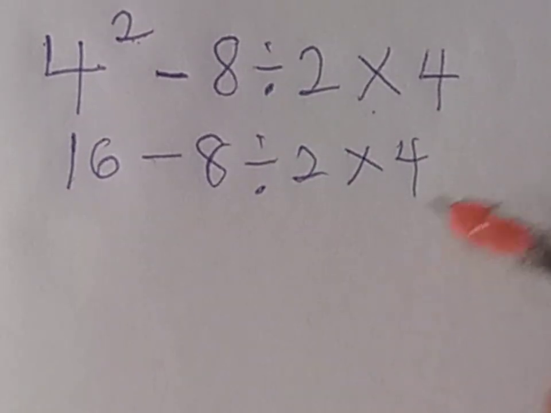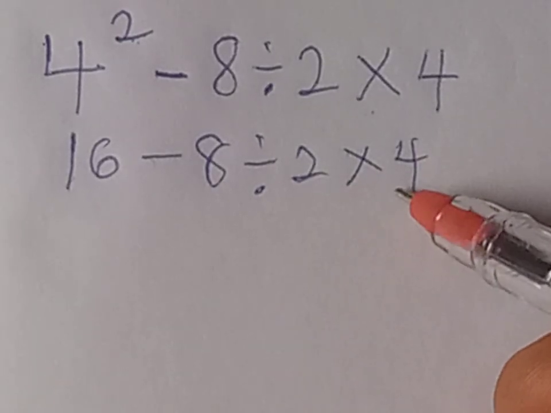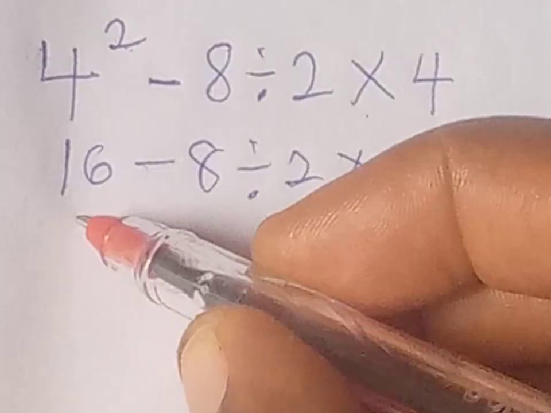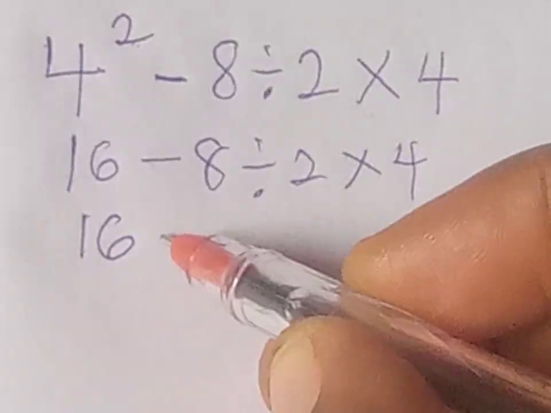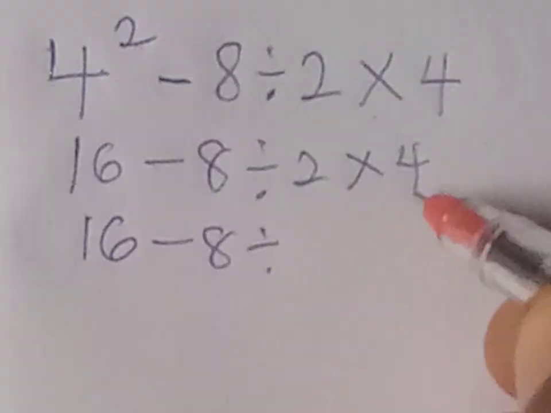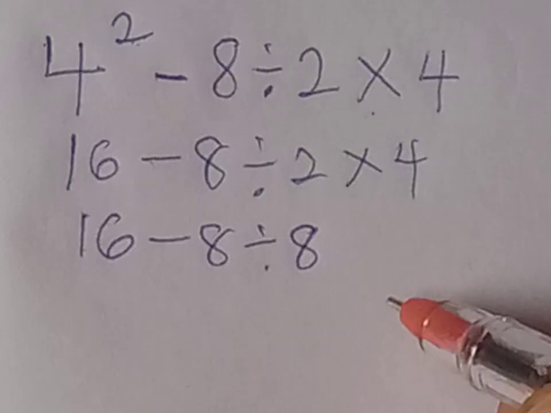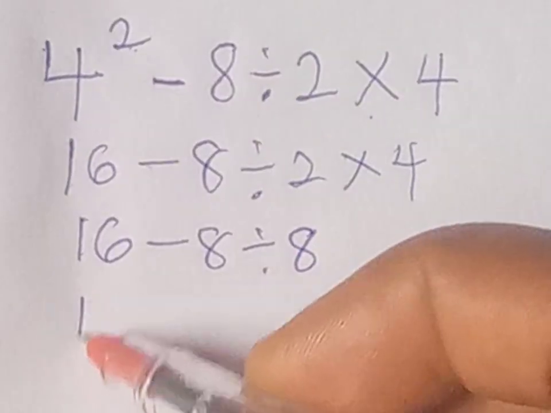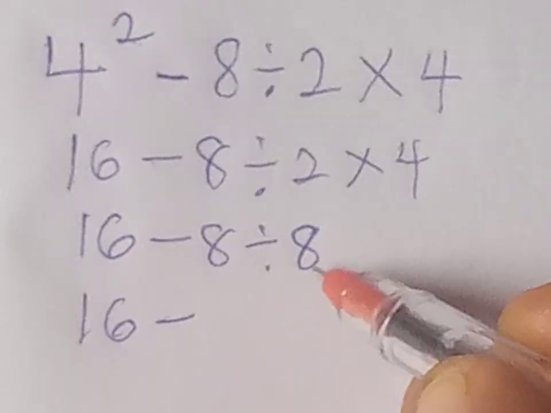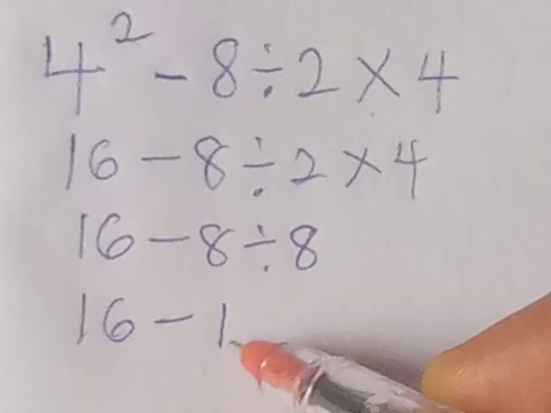Now, the next operation they solved was the multiplication operation, which was 2 multiplied by 4 equals what? 8. The next was 16 minus 8 divided by 8 equals 1. So 16 minus 1 equals 15.